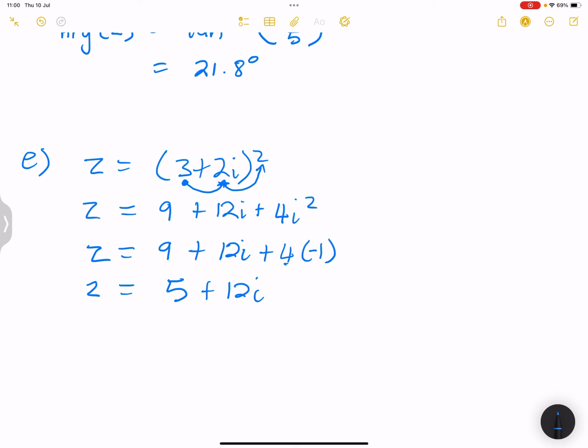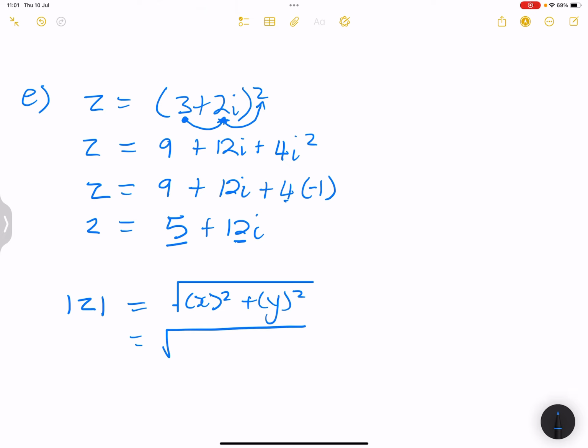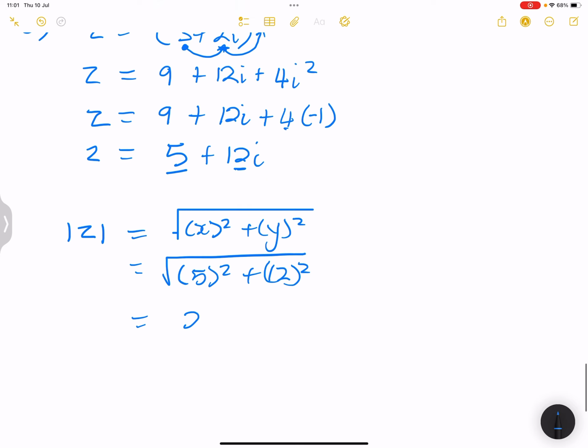Now, we know our x value is 5, that's the real part, and we know our y value, which is the imaginary part. So we can now calculate our modulus. The modulus of Z would be the square root of x squared plus y squared. That would be 5 squared plus 12 squared.